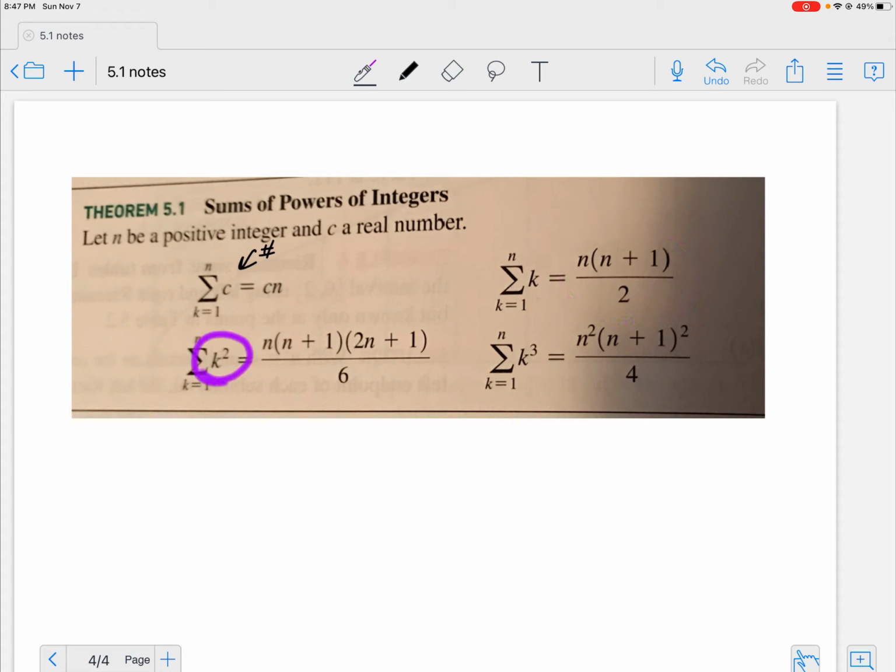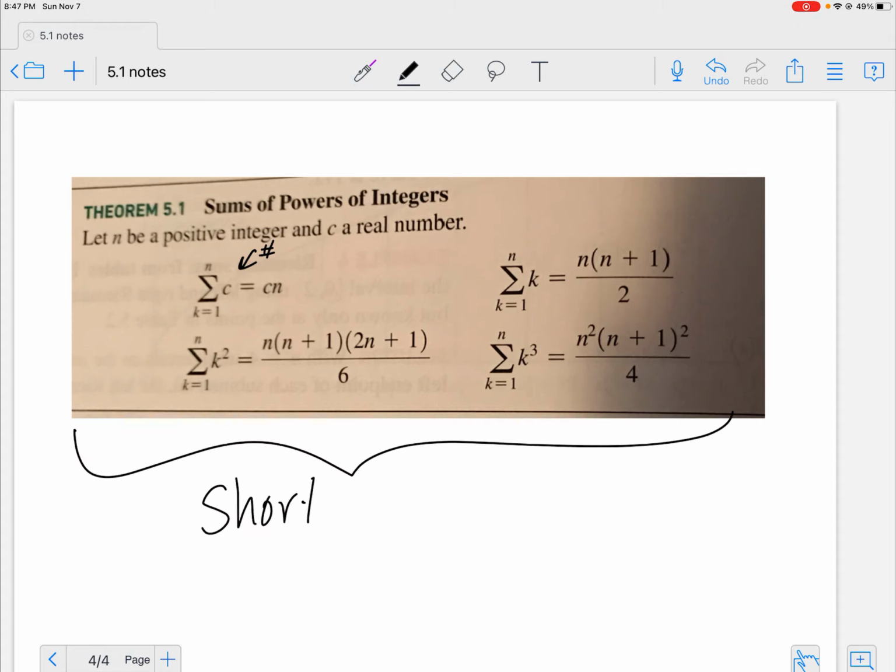If I have a squared pattern, then this is the value. If I have a cubed pattern, then this is the value. All right? So that's the kicker. Instead of going through and taking the area every single time, these are shortcut formulas for these patterns.